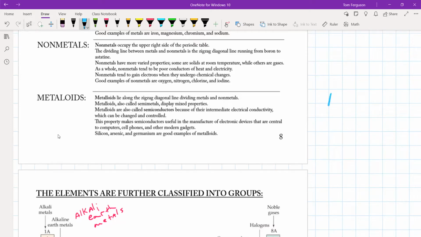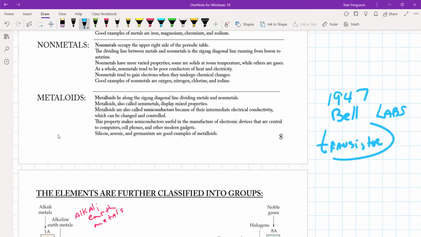1947, when Bell Labs invented the transistor. Before that, they used vacuum tubes. Vacuum tubes are very cumbersome. They're horrendously energy wasteful. They get very hot and they're big.